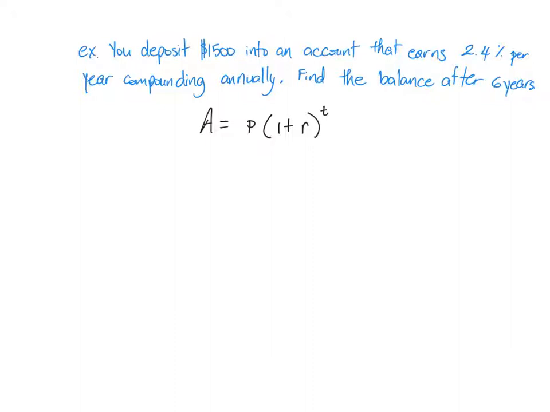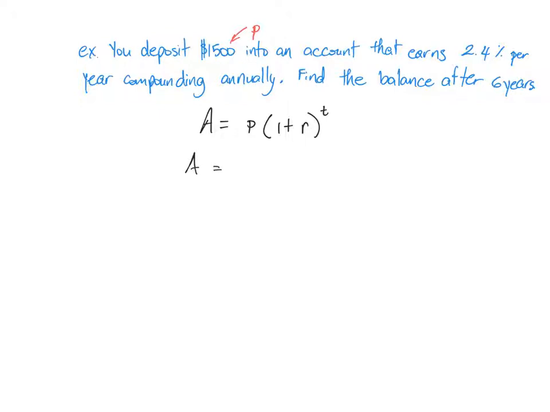Remember that P is the principal amount or the starting amount. Our starting amount is 1500, so that is our P value. We want to know the final amount, which we don't know, so we can just put that down as A.